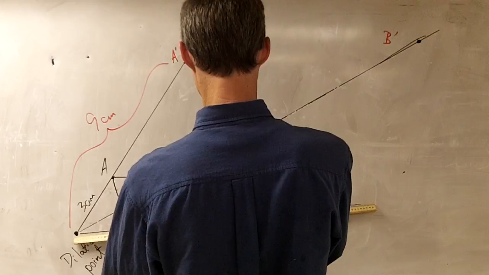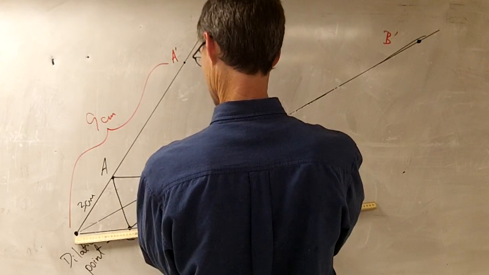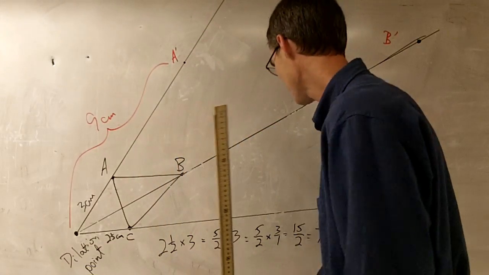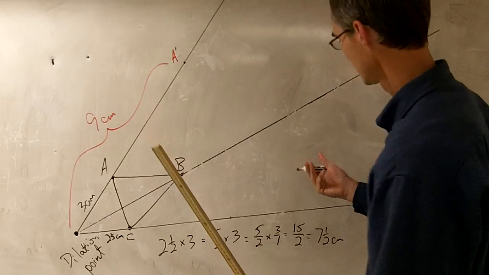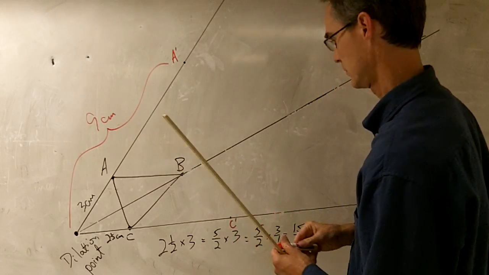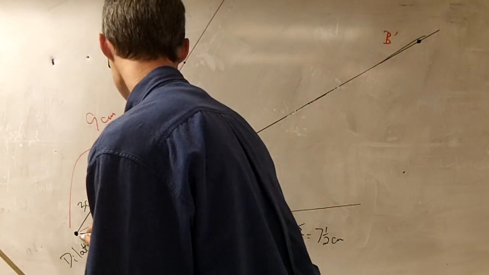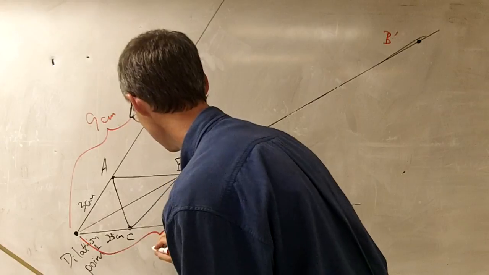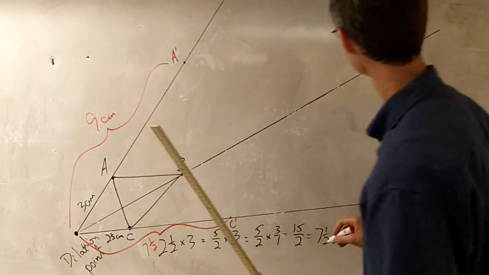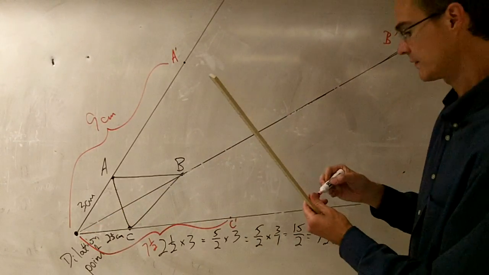And let's see, on mine, it's going to be about right here. So that's going to be my point C prime. All right, so again, this distance here, that's going to be 7.5 centimeters. And the distance from here to here was 15 centimeters.